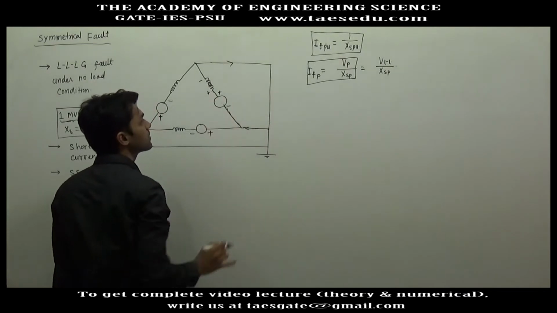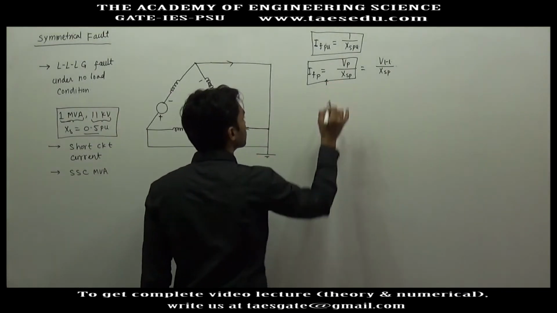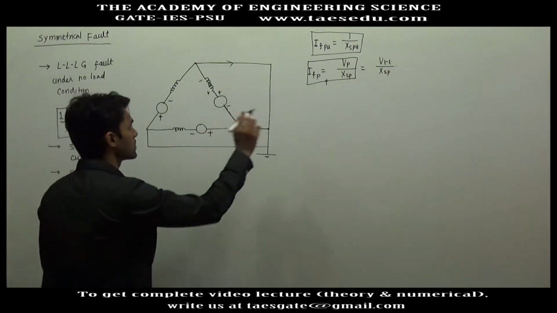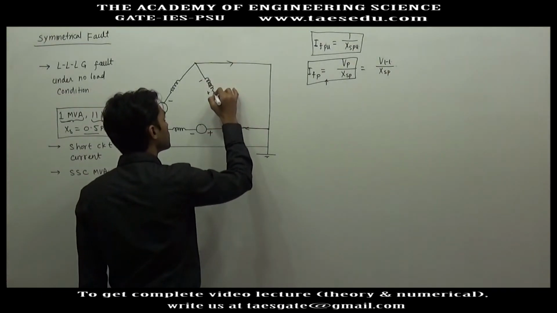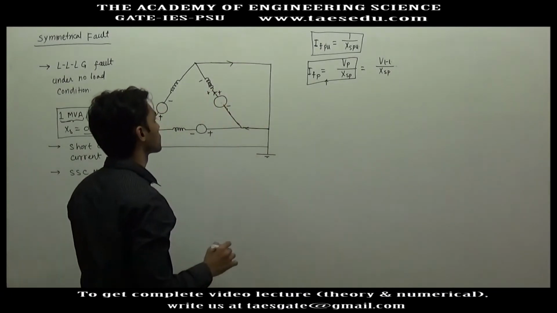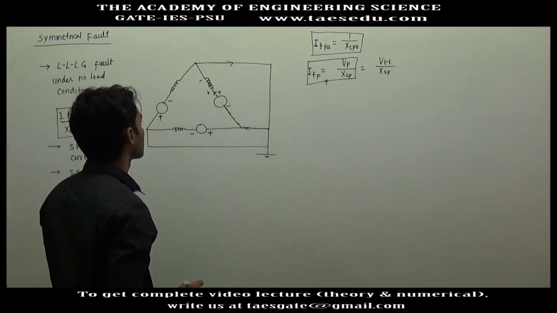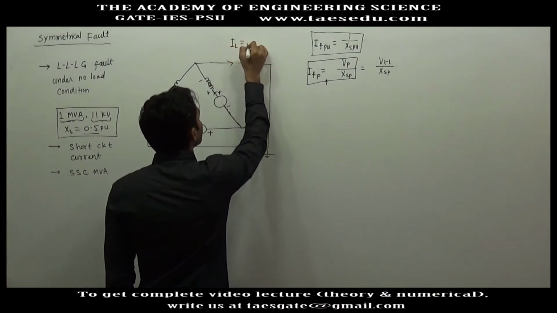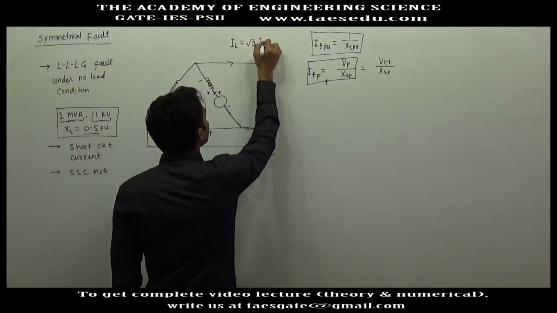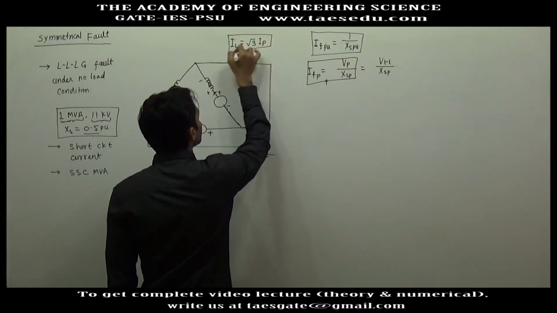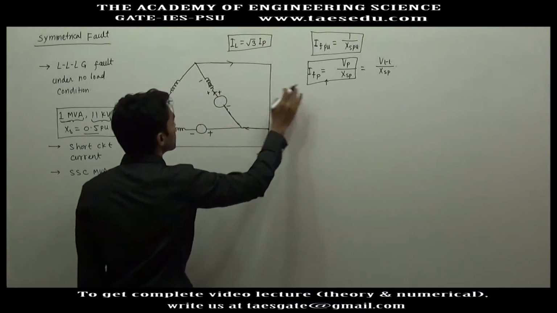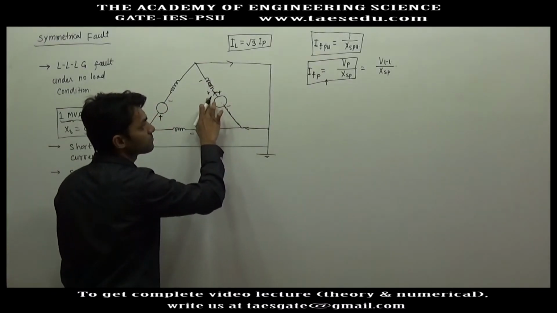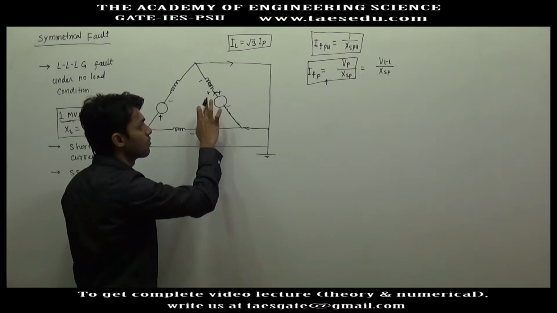Apply KVL here, you will get this relationship. And whatever is the fault current, this fault current is in phase, because in case of delta, line current and phase currents are not equal but hold this relationship. So this is the current flowing here. Okay, so this is phase value of fault current.